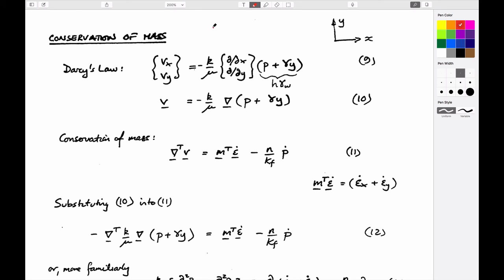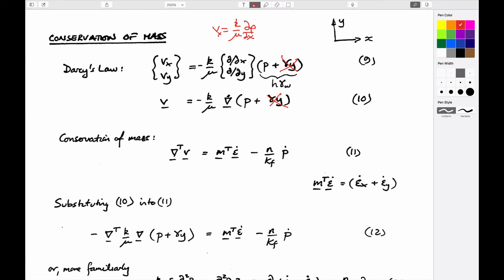So this is just velocity is equal to k over mu dp dx in the x direction, and we can write it for that. We can ignore the body force term because we're interested in changes, so let's just ignore those things to make our life easier. Don't need to worry about that. And so we can write this in terms of the del operator.